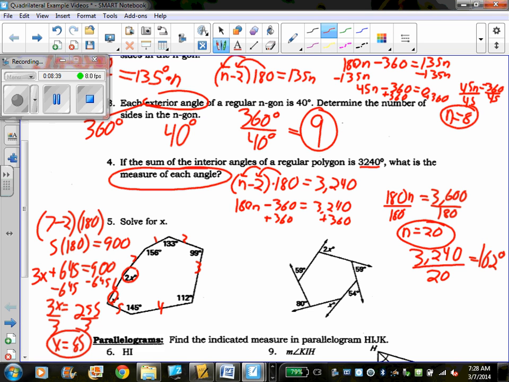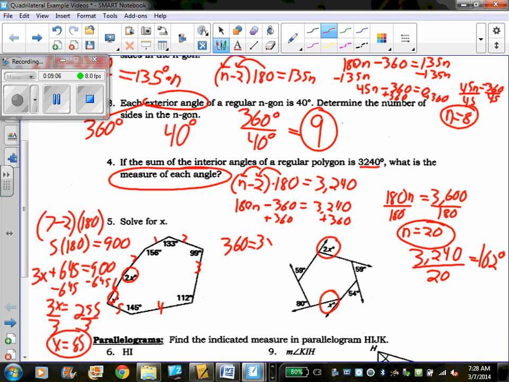This one over here, you'll see that this shape has all of these exterior angles. So what we're going to do is, we know that these are all going to add up to 360. So we know that we're going to have 360 equals, and here we have 2x and x.